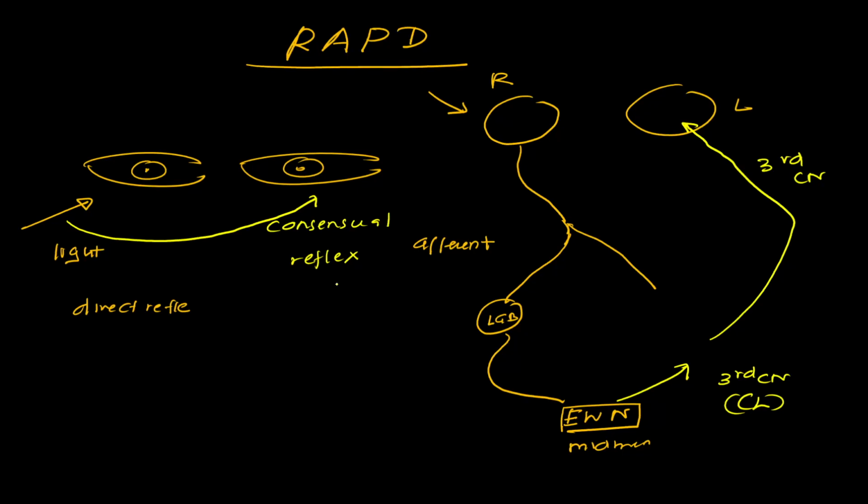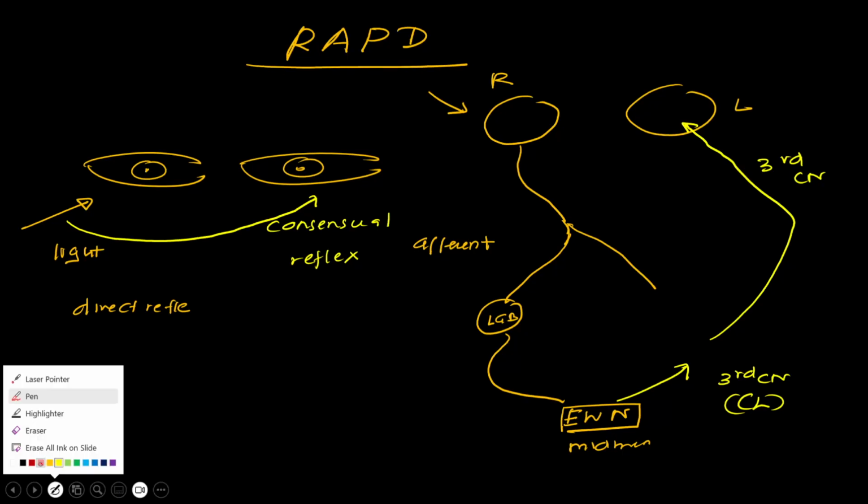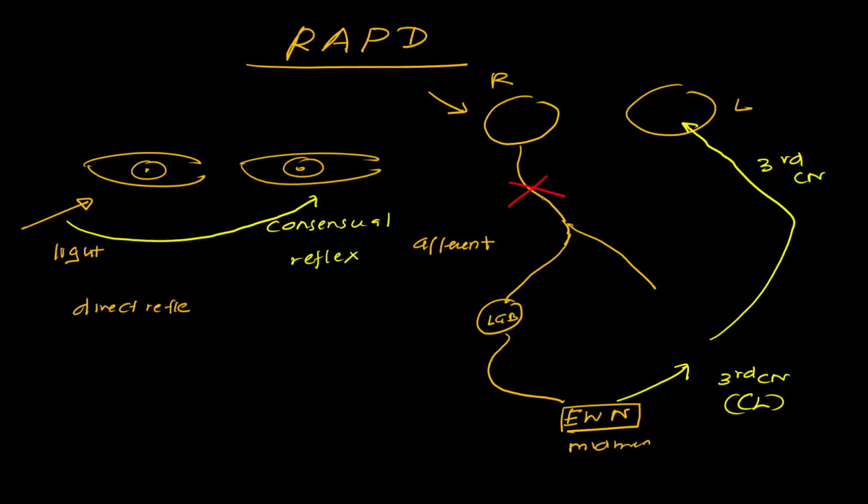But if there's a problem in one of the afferent pathways, this is not conducted well. Let's assume there is no complete dissociation, as there are always a few nerve fibers which might be spared, and somewhat the afferent pathway is not working well.